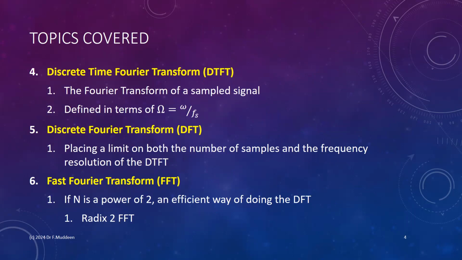So now that we had the continuous time transform and the sampling business, we were now able to apply the sampling to the continuous time Fourier transform. And then this gave us something called a discrete time Fourier transform, which was a Fourier transform of a sampled signal. And it was defined in terms of a variable called capital omega, Ω, which was simply the continuous time domain variable divided by fs.